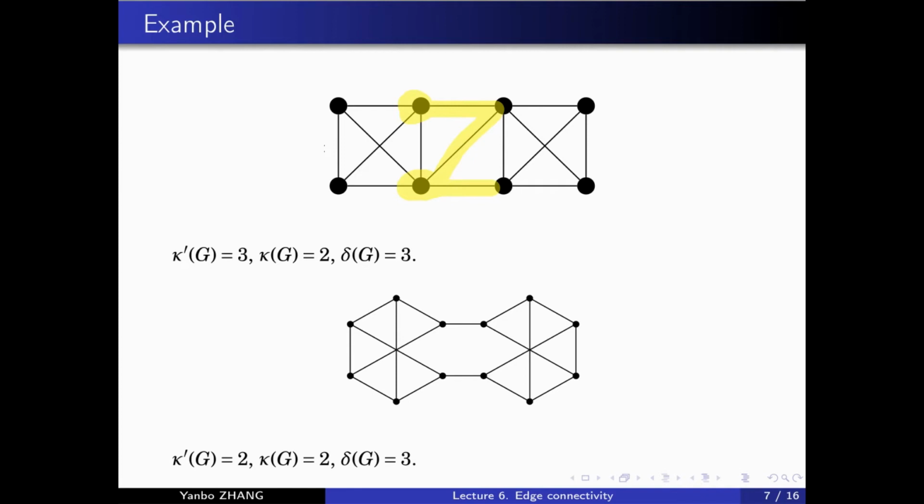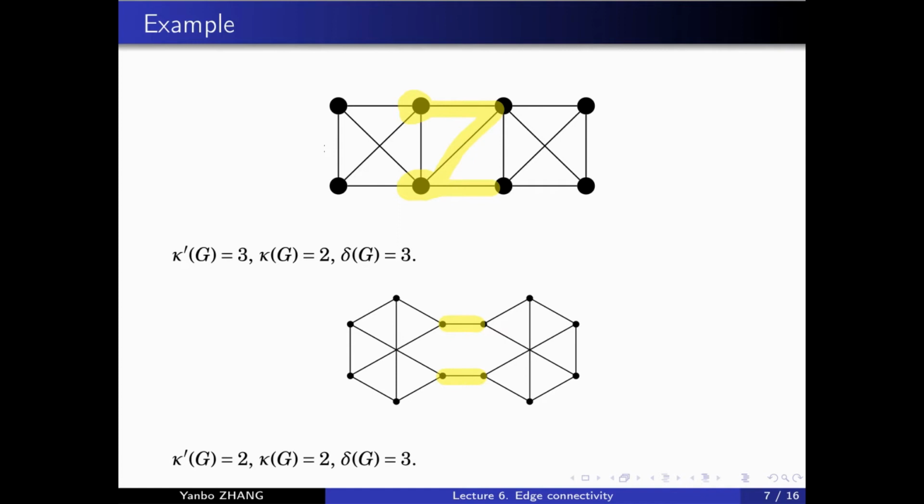For the second graph, its edge connectivity kappa prime G is 2, because these two edges in the middle disconnect the graph. And if you delete any single edge, the graph is still connected.